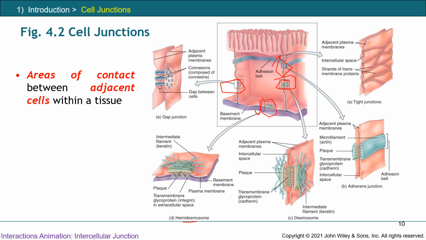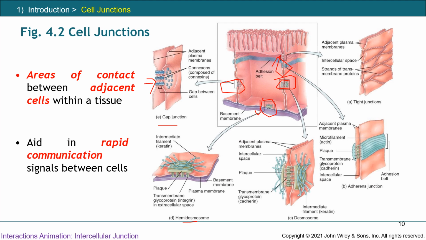In addition to that, those junctions are important for rapid communication between cells. A perfect example is the gap junctions that are found in the nervous system, and they send electrical signals. So the ions go through this path that is the gap junctions.